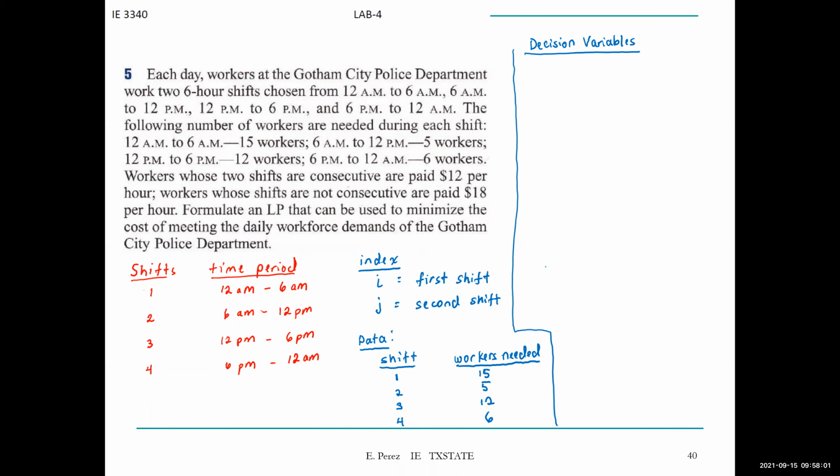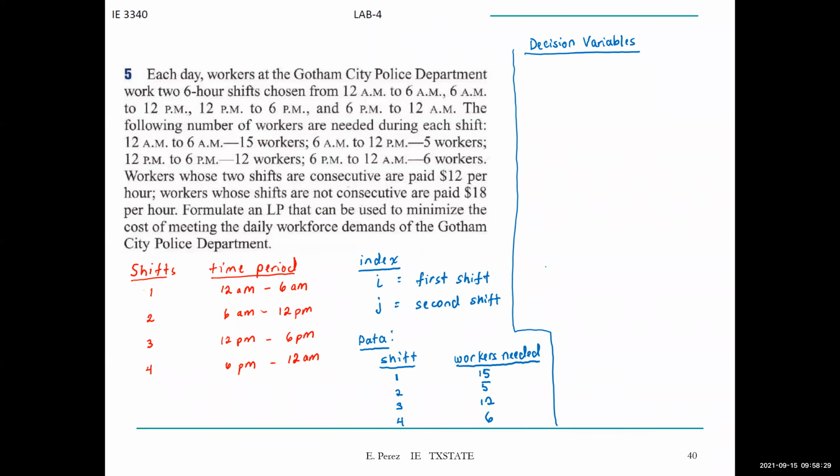For example, if we're thinking about consecutive shifts, we're going to have a limited number of options. There could be shift 1 and 2, 2 and 3, 3 and 4, and 4 and 1, because after 4 you go back to 1, 2, 3, 4, and so on. So you end up having 4 different consecutive shifts.